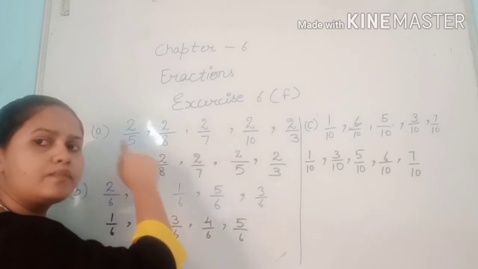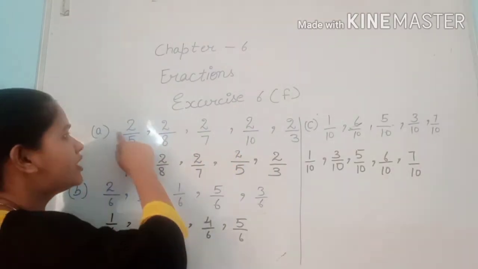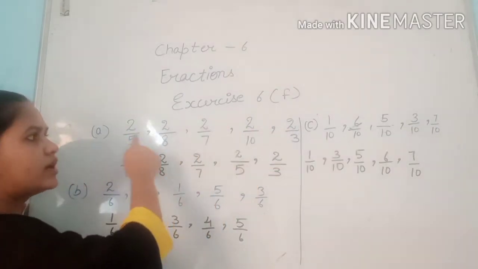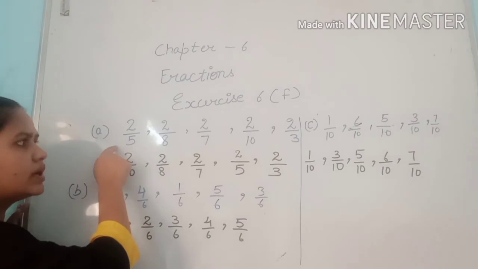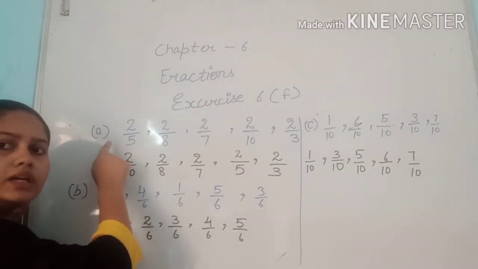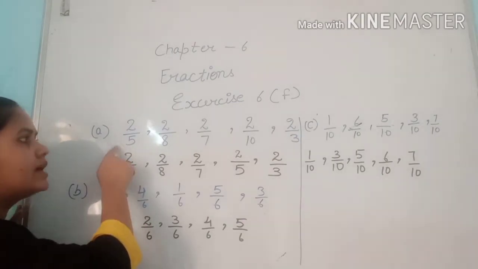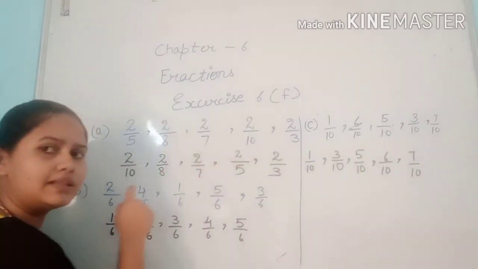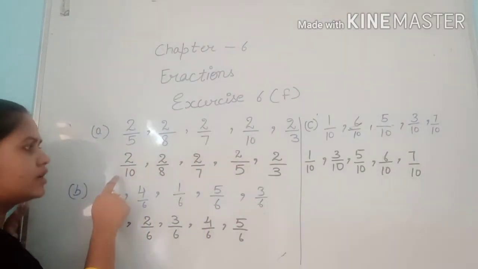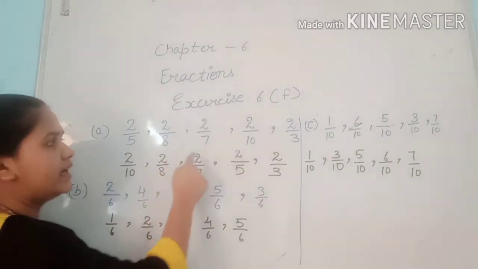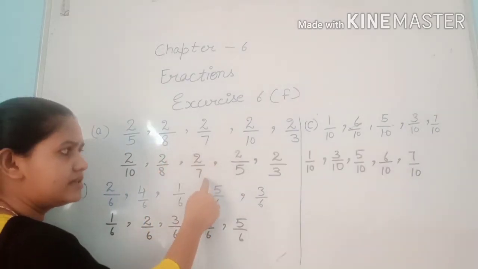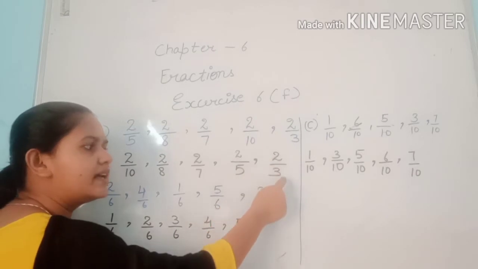That's why we can't decide which one is the smallest. So we will take the lower term, which means the denominator, and then we will ascend in this order. Firstly we will take 2/10, and then 2/8, 2/7, 2/5 and 2/3.